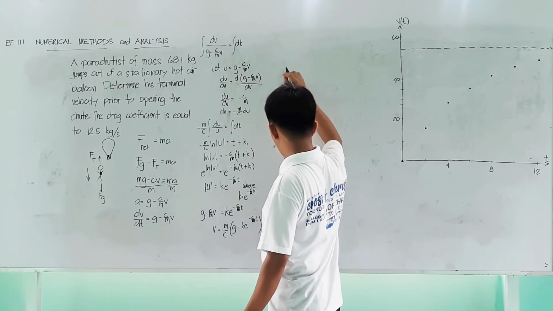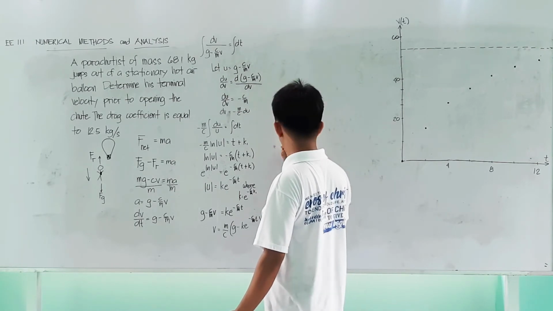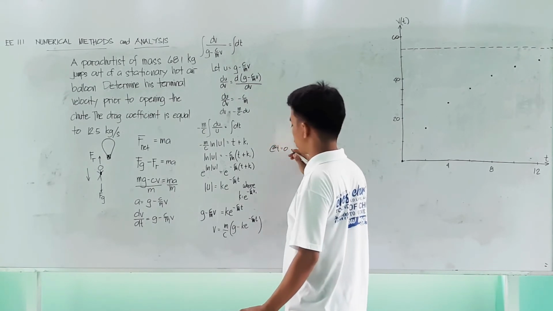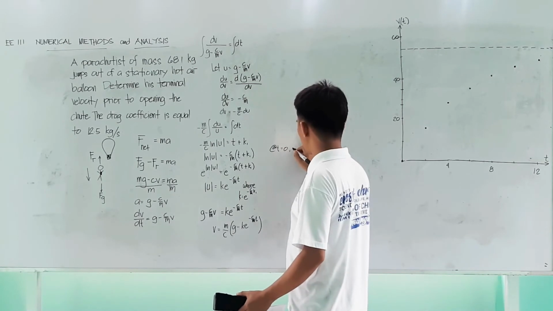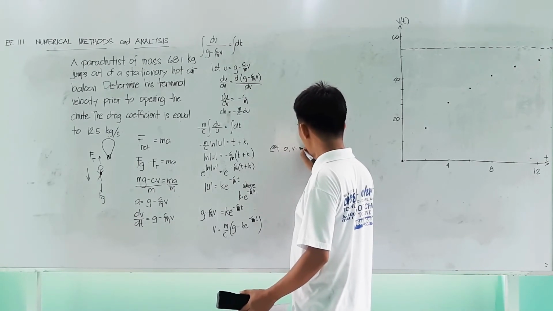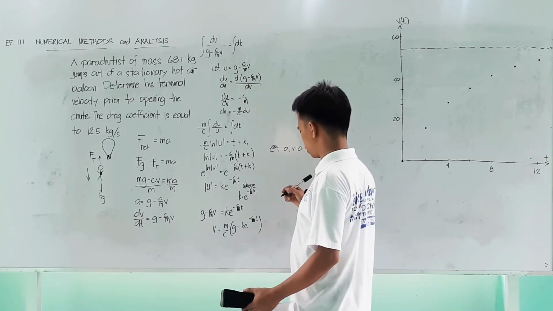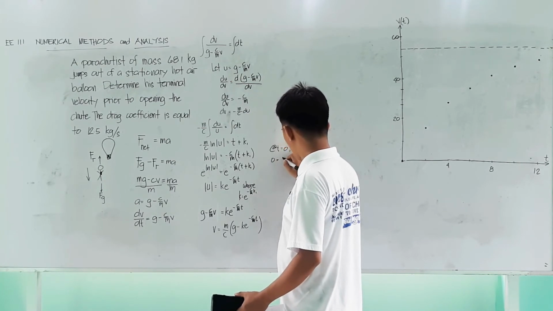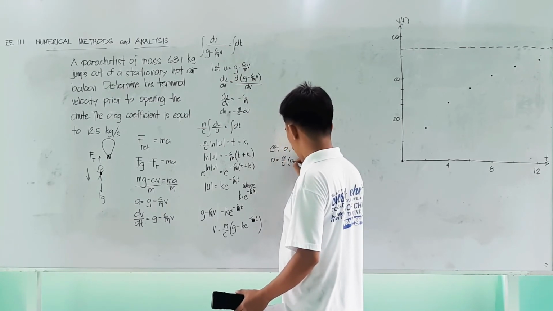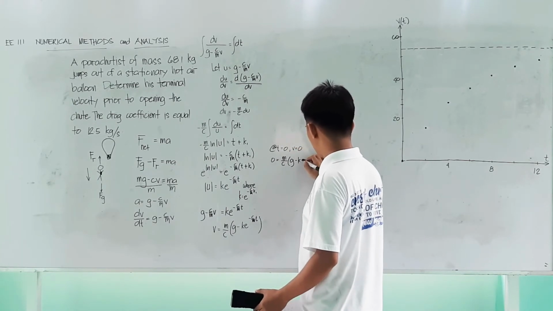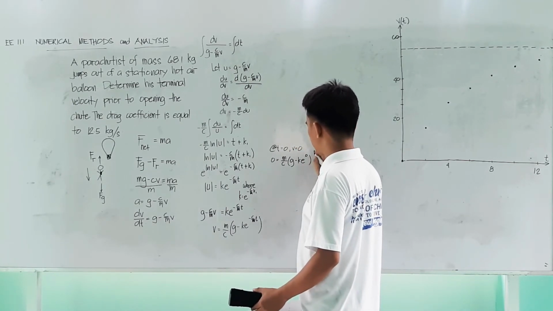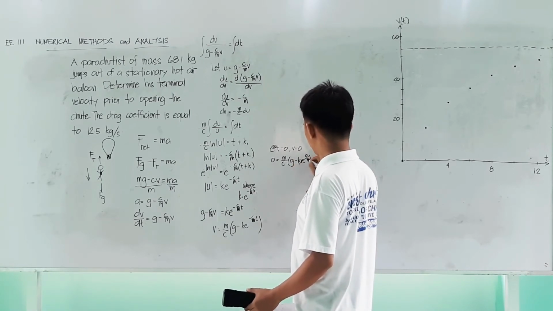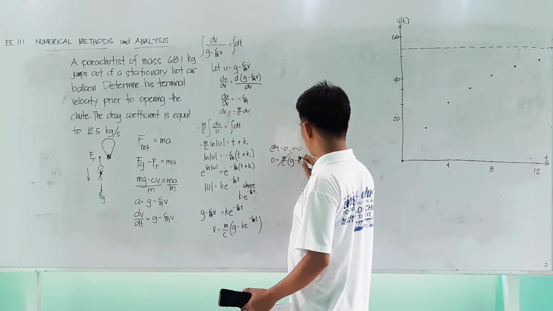Since we know that at time equal to 0, that is the moment he jumps, he has 0 velocity initially, this is 1, so it'll be taken away.